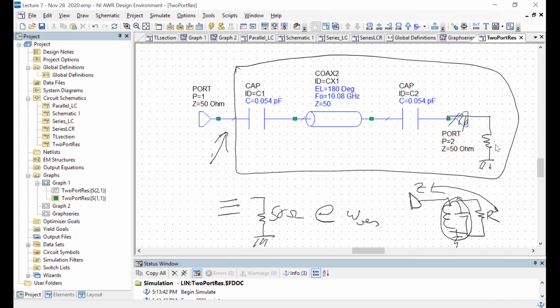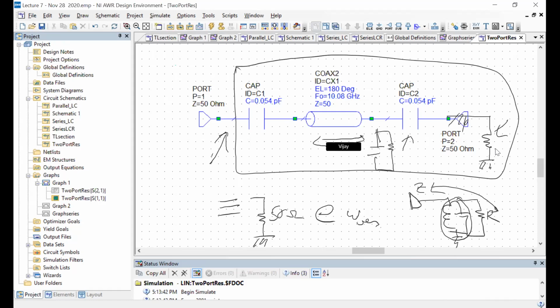You first consider this guy, and then see how the capacitor transforms it. And this was one of your homework problems. You can turn that into an equivalent parallel RC. Then you have a section of transmission line.